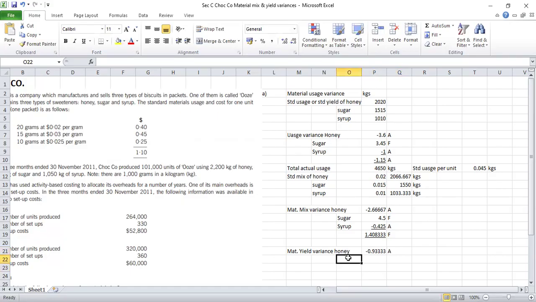Next one is sugar. Standard yield minus actual mix into standard price per gram. This one is also adverse. Next one is syrup.